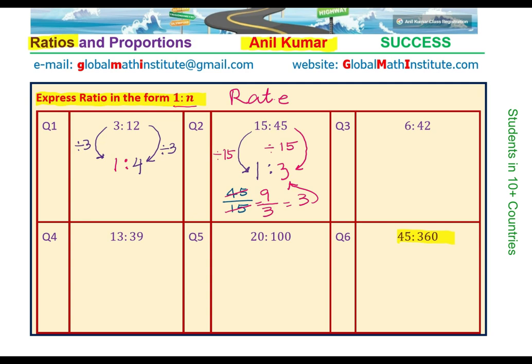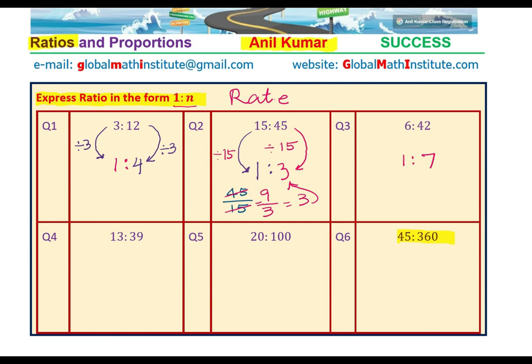Let's move on to the next ratio where we want to write 6 is to 42 as 1 is to what? We know 6 times 7 is 42. So that makes sense, right? Basically each term is 7 times. So 6 times 7 is 42, and 1 times 7 works for us. That is another way of looking at the same question.